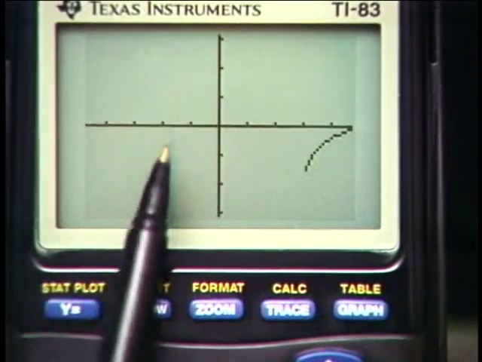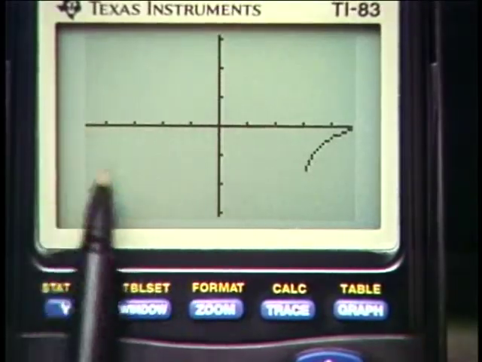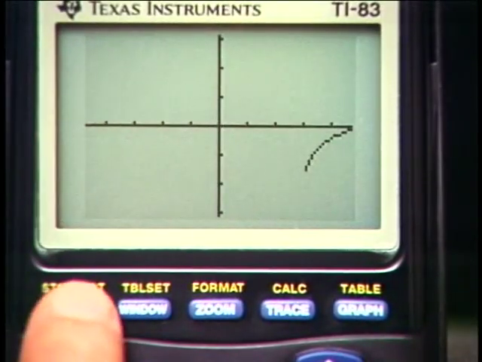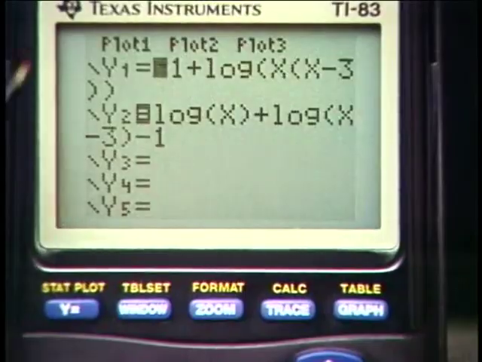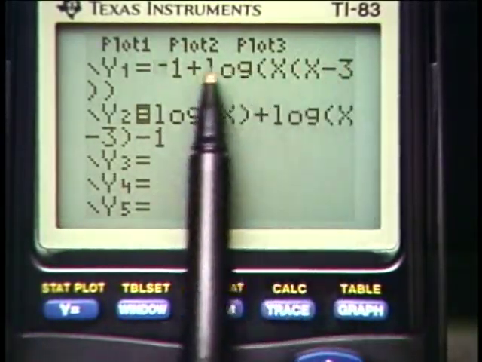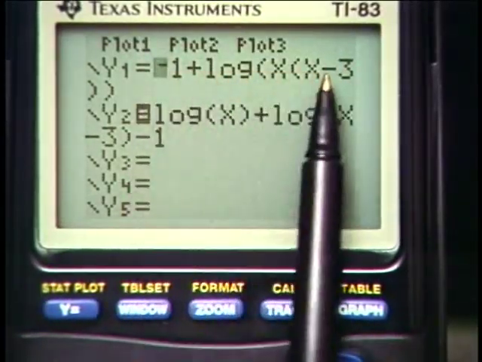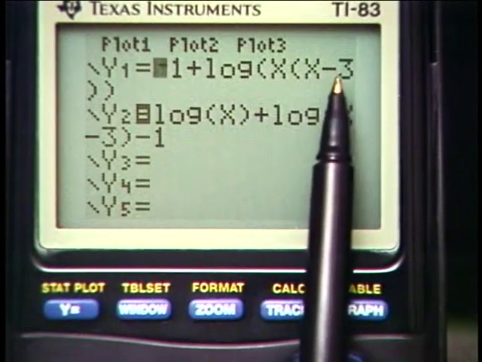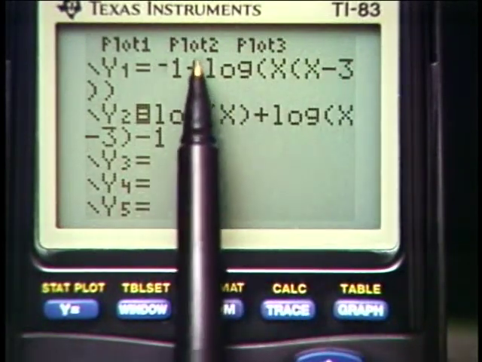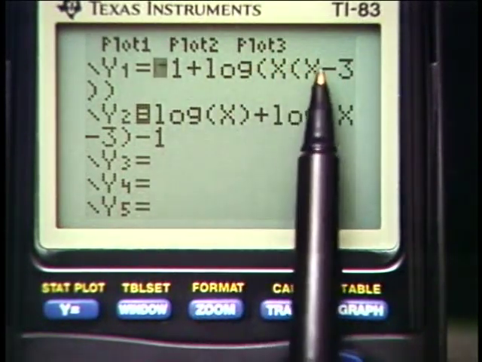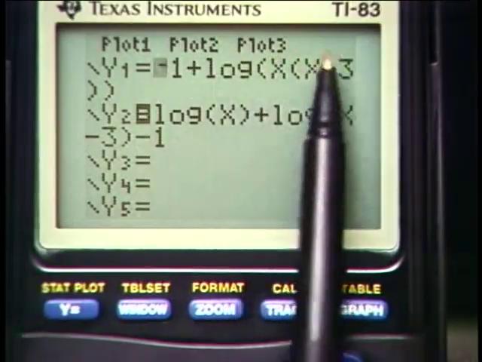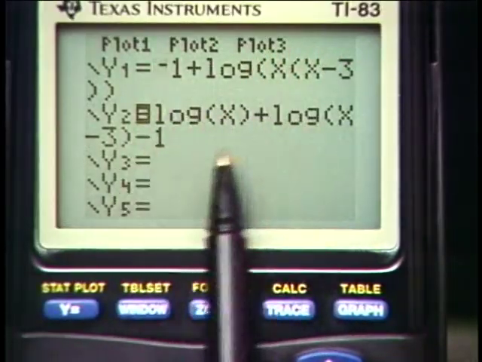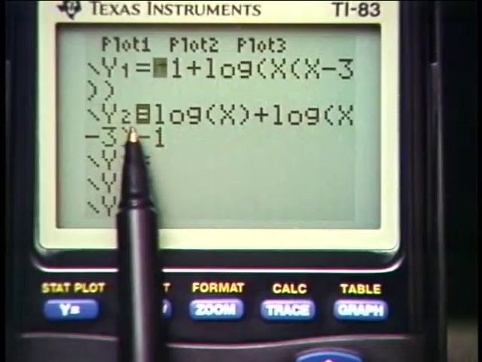Okay, I have nothing, no graph appears over here. You see, this is the form that we arrived at by using the product property. We talked about the logarithm of a product, you see. And once we have the logarithm of a product, we have changed the nature of our original problem.